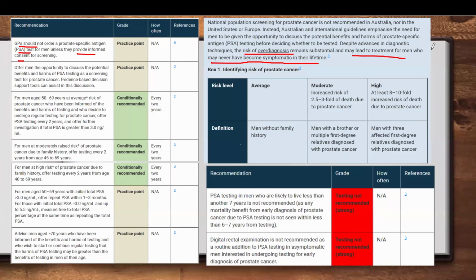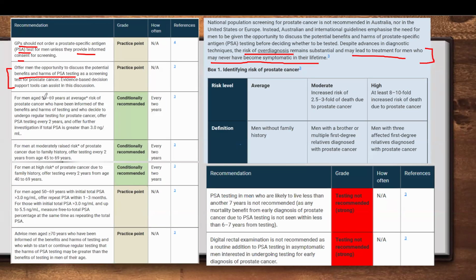So this is the reason that prostate cancer screening is not usually done at a general community level. Only patients who give informed consent or who become symptomatic will have the screening. So we will be offering them risk versus benefits of PSA testing.